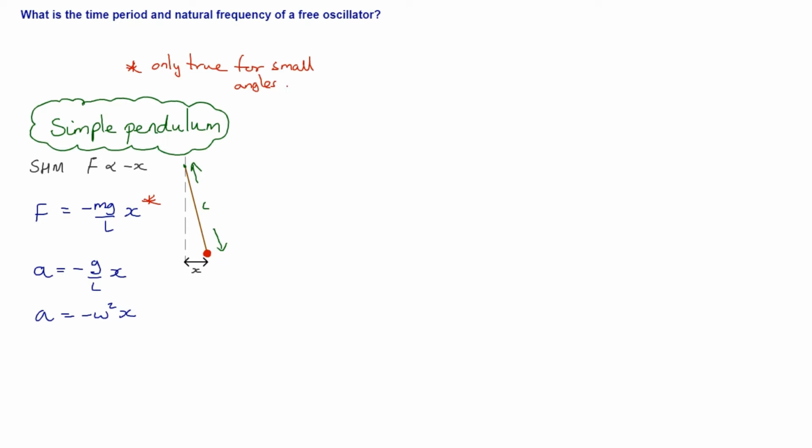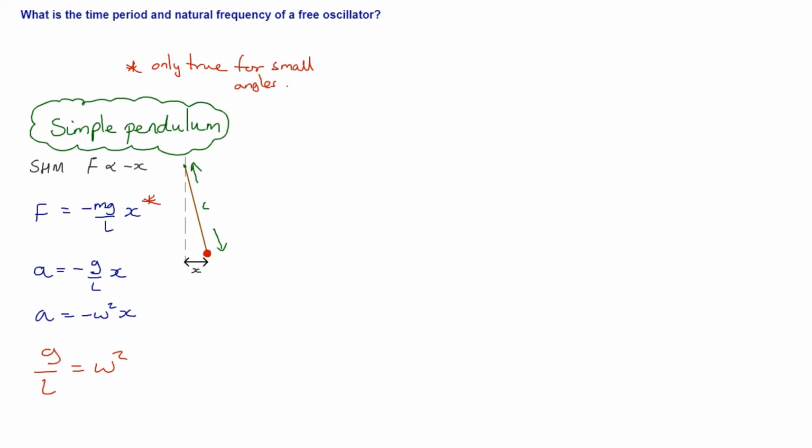So we can see an identity here: g over L, the gravitational field strength over the length of the pendulum, is equal to omega squared. So we can write down g over L equals omega squared for a simple pendulum.